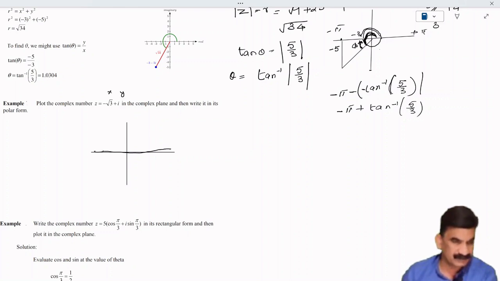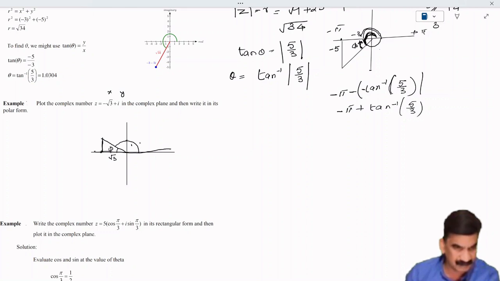Negative x and positive y, I'll come somewhere here. Let's say this is root 3 and let's say this is 1. So the point will be somewhere here and I will plot this. So this is how my number will look like. This is an angle phi. My argument is this. Please remember, this is my argument, correct?